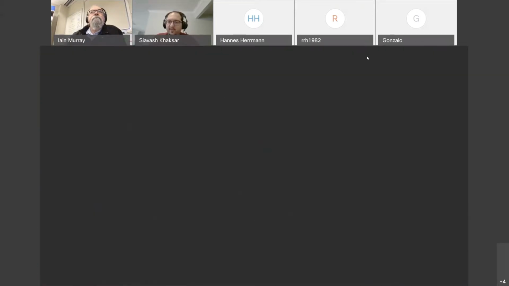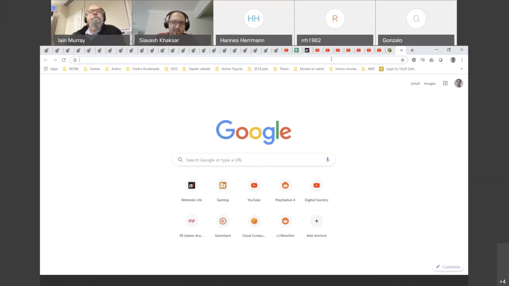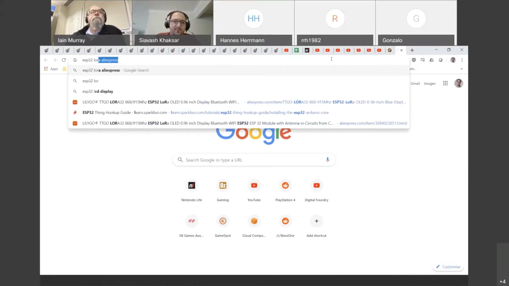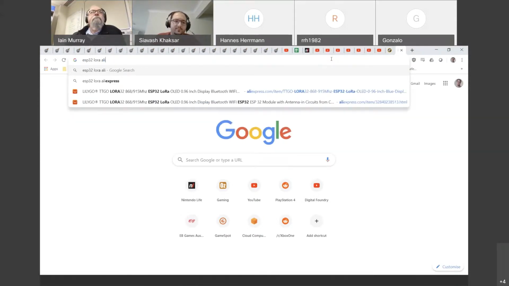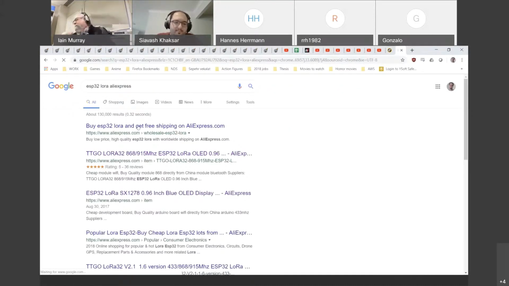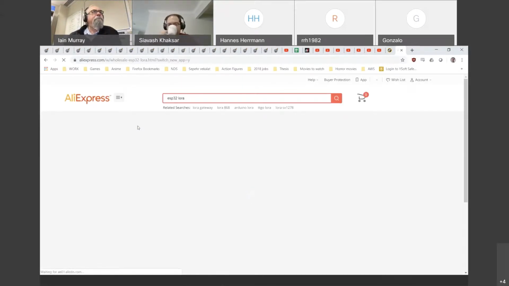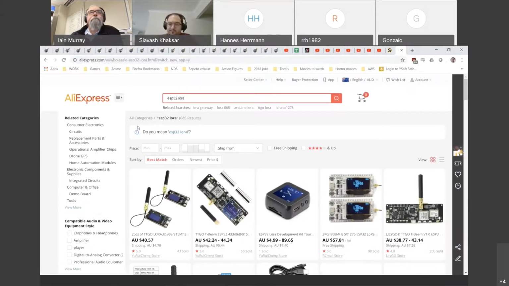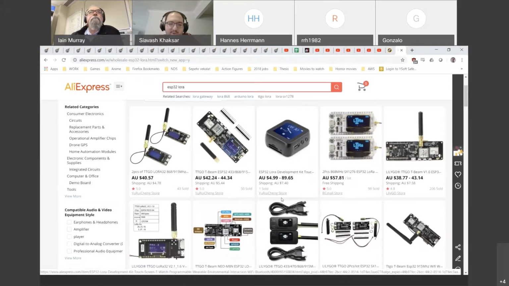I don't have them here, but I just showed these ESP32 LoRa modules. If you look around, you can find them for much cheaper.